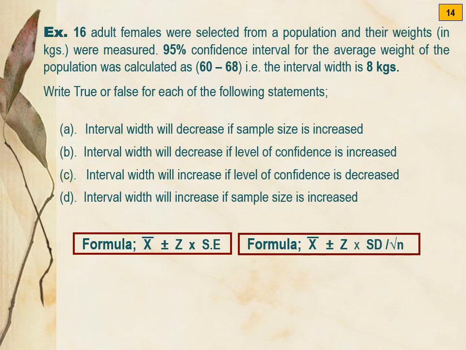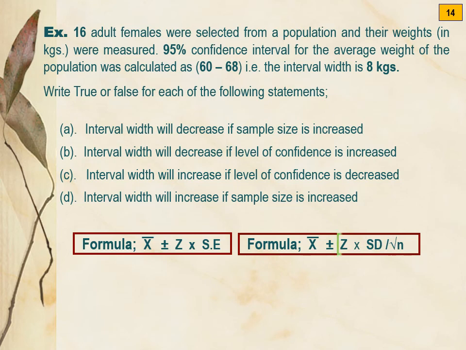Z into SD upon under root n is the error of measurement. If this is increased, the width will increase, because the same value you are subtracting from x bar for the lower limit, and adding to x bar for the upper limit. So if this Z into SD over root n is increased, the width will increase. If it is decreased, then the width will decrease.